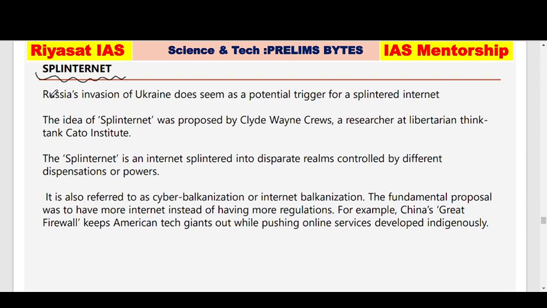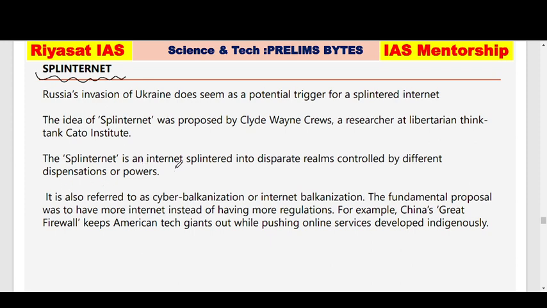This is your splinternet, basically SPL internet, or splinternet. What is this splinternet? See, it came after Russia invaded Ukraine. When Russia invaded Ukraine, there was a very alarming state that all the networks are also insecure, because anyone can now track anything.